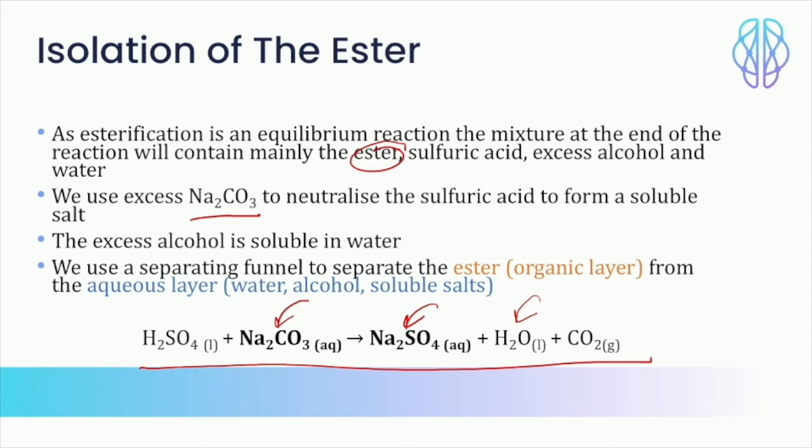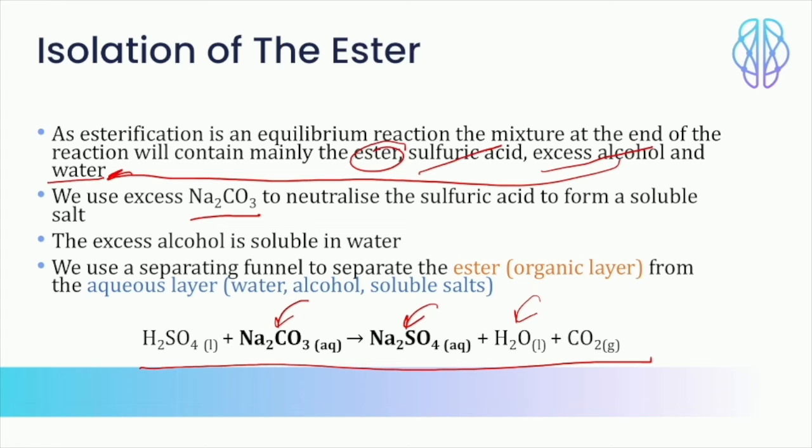Next, you also have the excess alcohol. We've gotten rid of the sulfuric acid; we've neutralized it, and it's now in aqueous products, dissolved in the water. The difference between an ester and an alcohol is that an alcohol is readily dissolvable in water. So this excess alcohol that you've added will readily dissolve in this water.